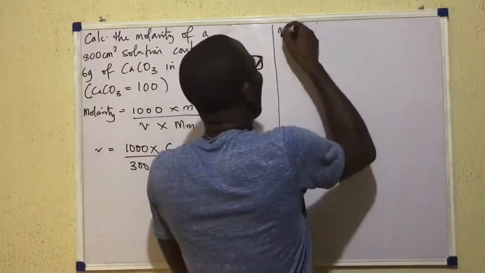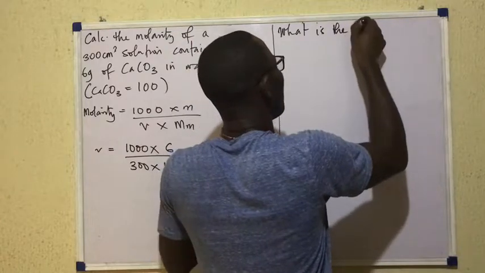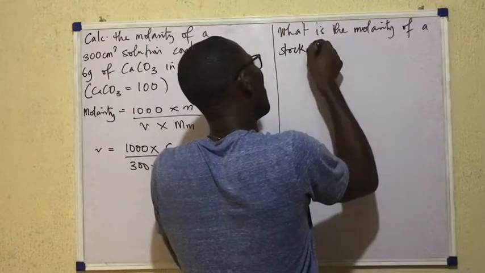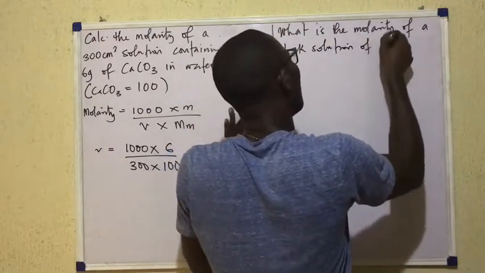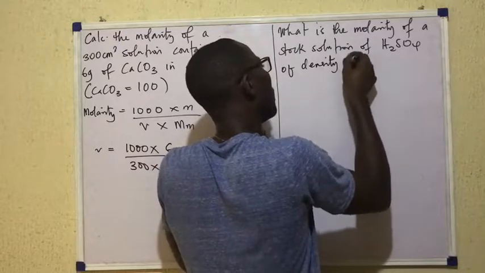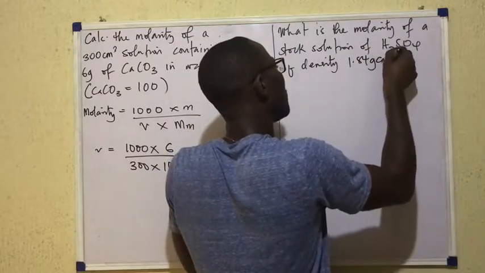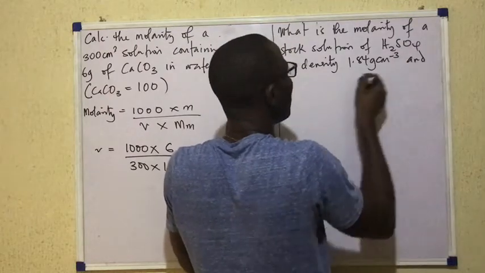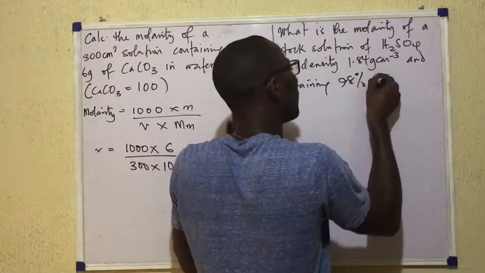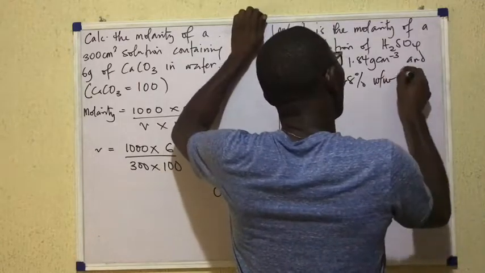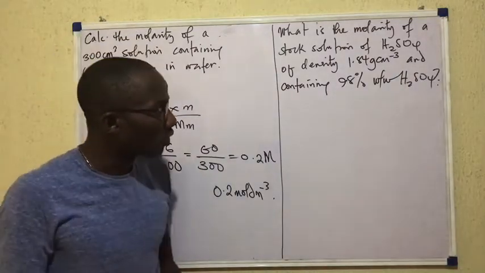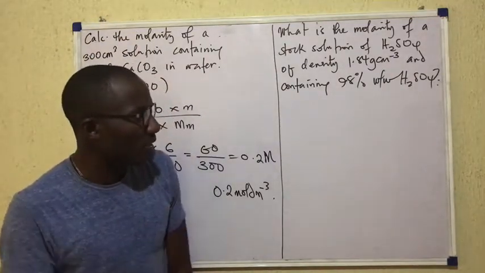It says, what is the molarity of a stock solution of H2SO4 of density 1.84 grams per cm cube and containing 98% H2SO4?